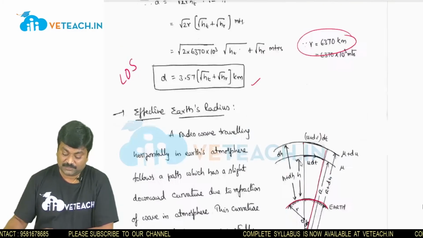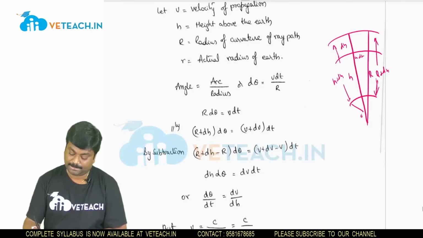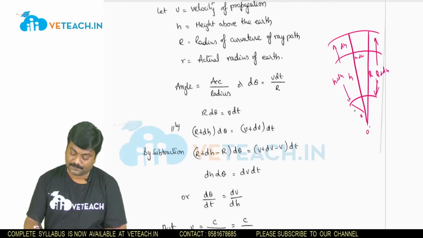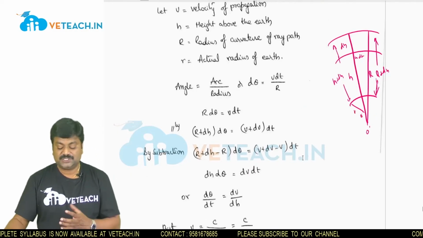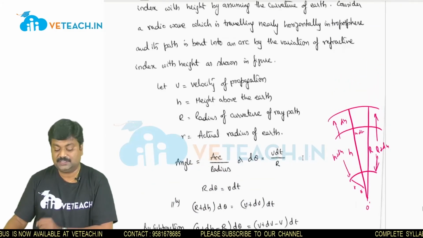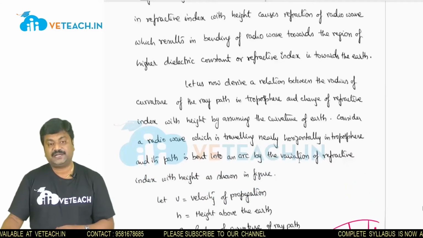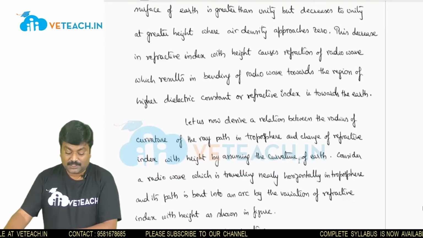and now I will be taking the points which I have taken, and this is r. So this is the view of the diagram with the help of which I am going to derive the radius of curvature.